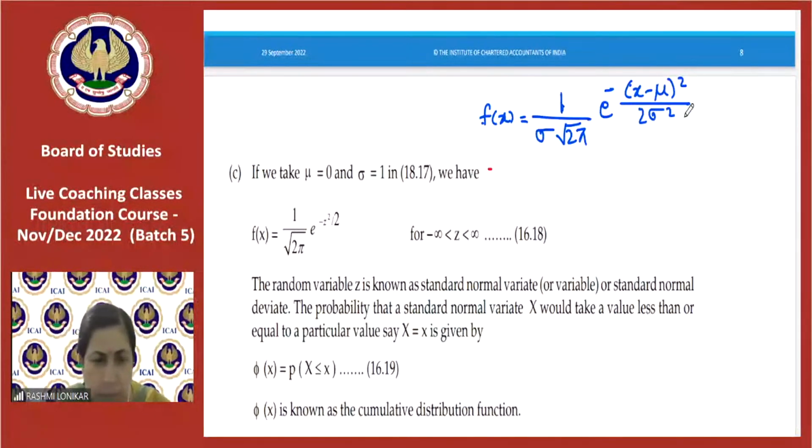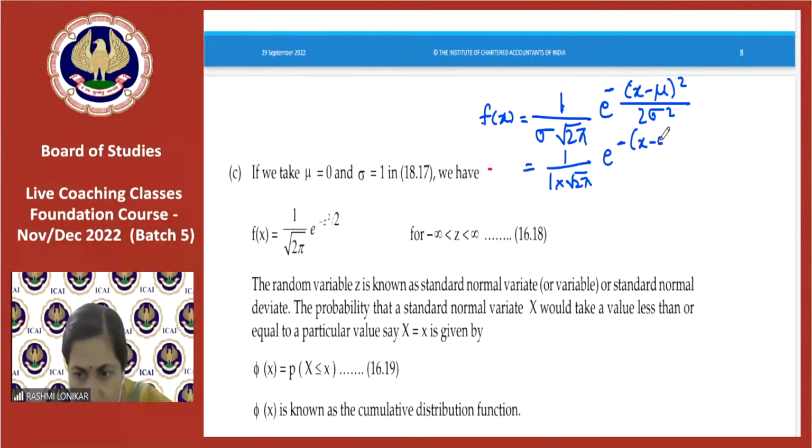Okay. Now, if we take mu is equal to 0 and sigma is equal to 1, so instead of sigma, I'm going to write 1. Instead of mu, I'm going to write 0. So let us see how it would look like. 1 into square root of 2 pi e raised to minus (x minus 0) whole square upon 2 into 1 square. Okay. So this is written as this.